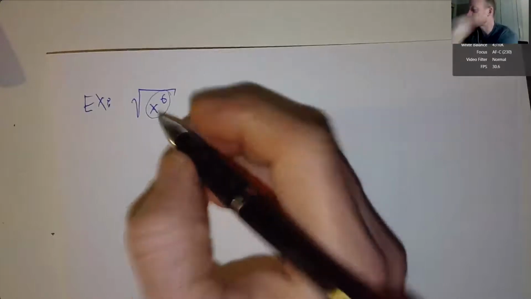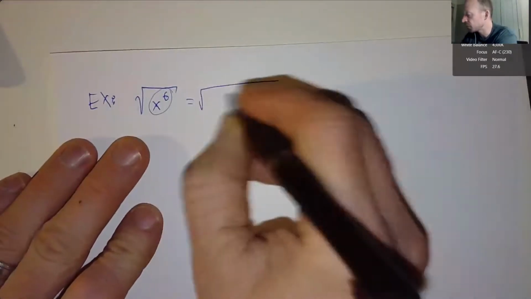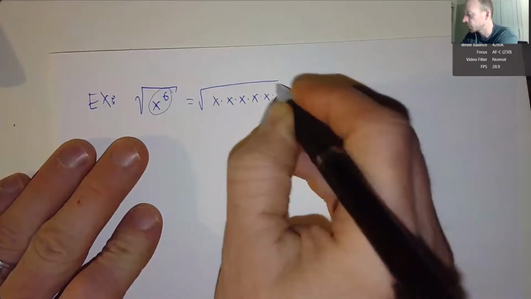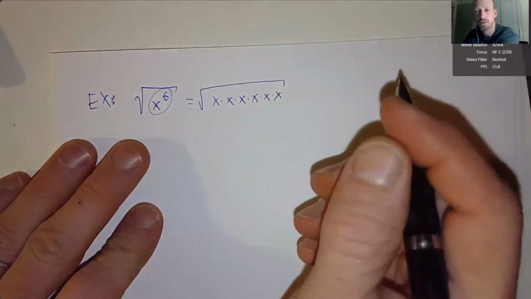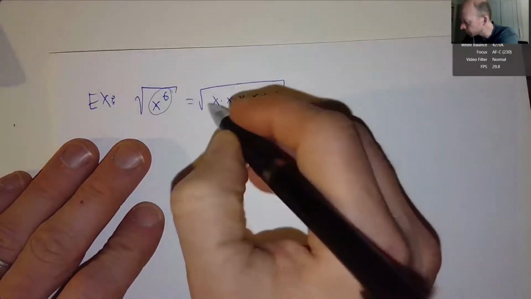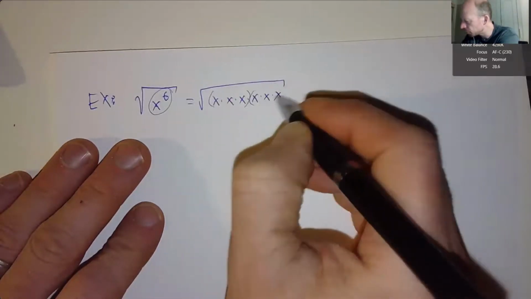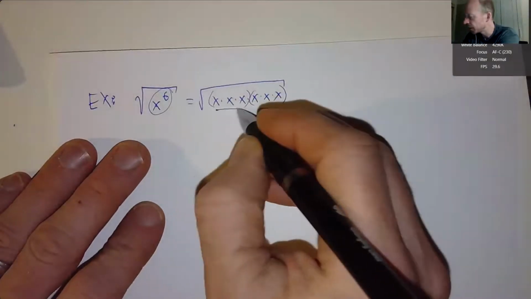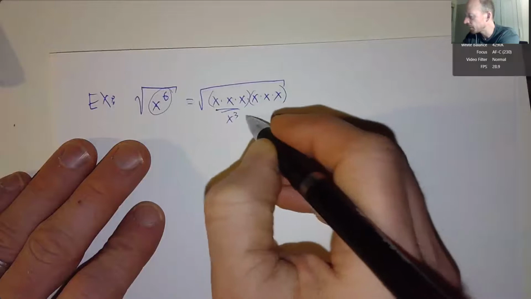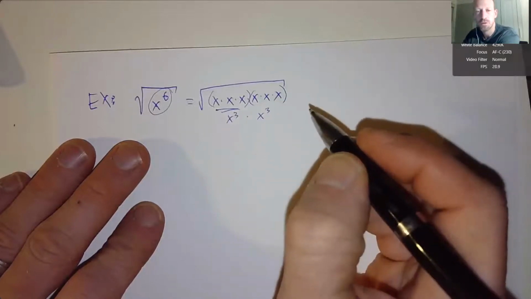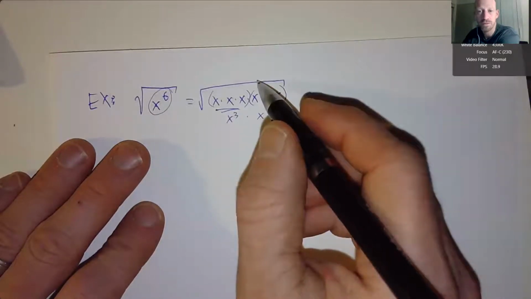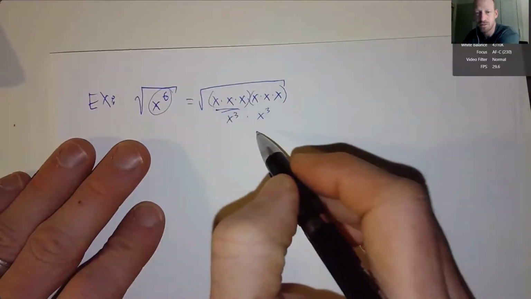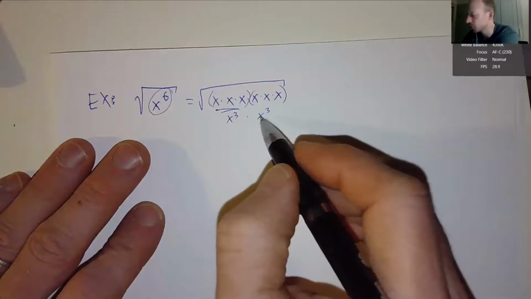And remember, x to the 6th is x times x times x times x times x times x, right? When you look at it that way, you can see what the square root must be. This is x cubed times x cubed, right? So what squared gives me x to the 6th? Well, it's x cubed squared, x cubed times x cubed.